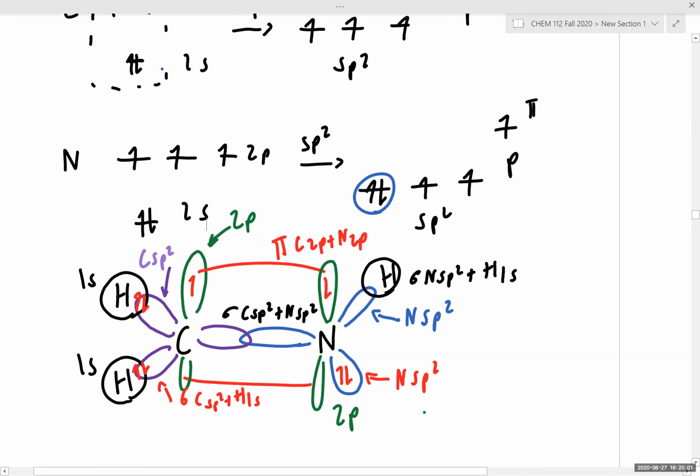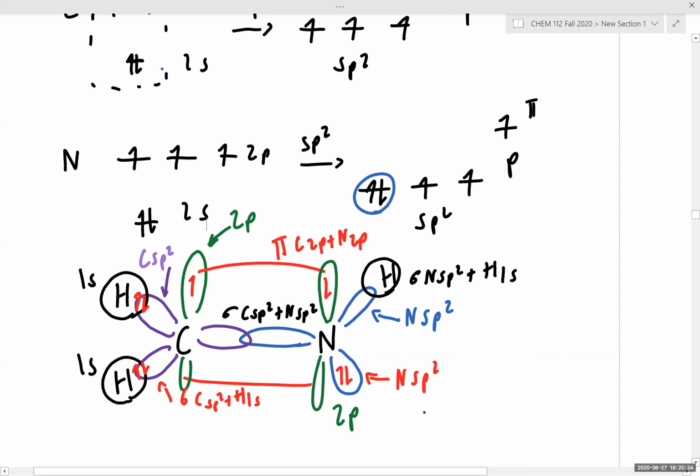That's why we have 3 hybrid orbitals. Carbon forms a single bond with hydrogen by overlapping with its 1s orbital. The carbon-nitrogen single bond is formed by the overlap of hybrid orbitals, in this case a carbon sp2 and a nitrogen sp2 orbital. The leftover p orbital for both carbon and nitrogen is used to form our double bond, or our pi bond.